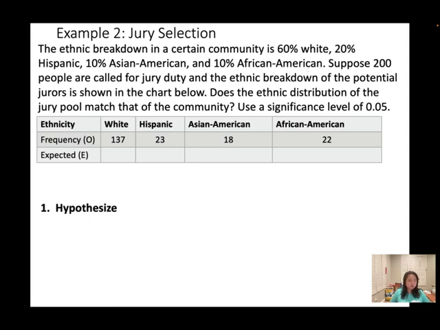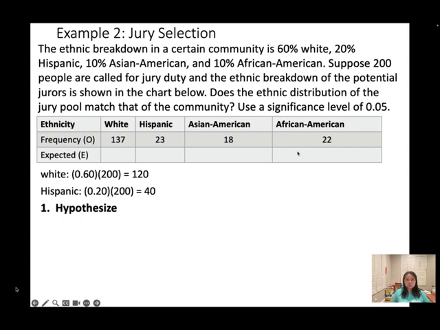Okay, so we're going to use this formula. For the white, that will be n times p1. n will be 200, p1 for the white will be 60%, so 0.60. So the first expected frequency for the white will be 120. Second one, the Hispanic, 20%, so 0.20 times n, 200, equals 40.